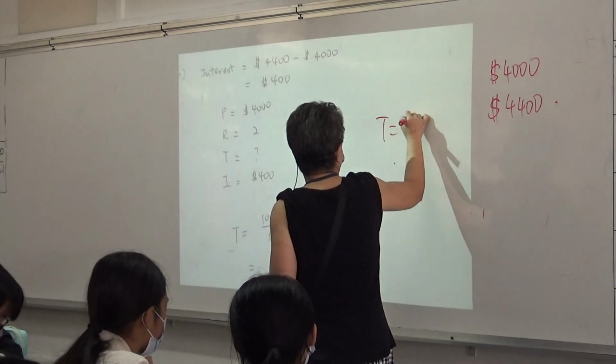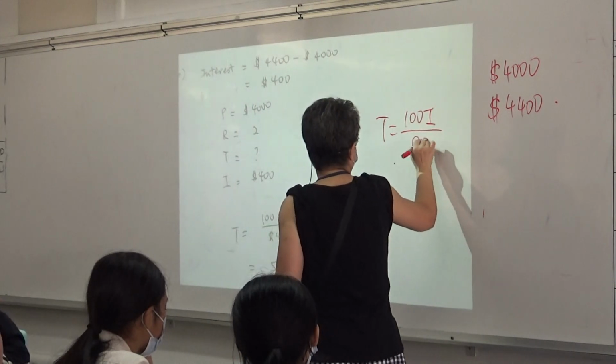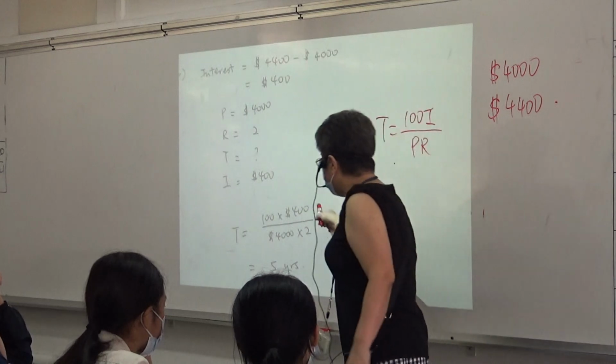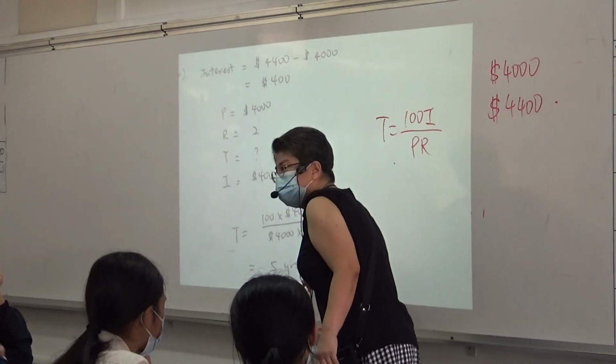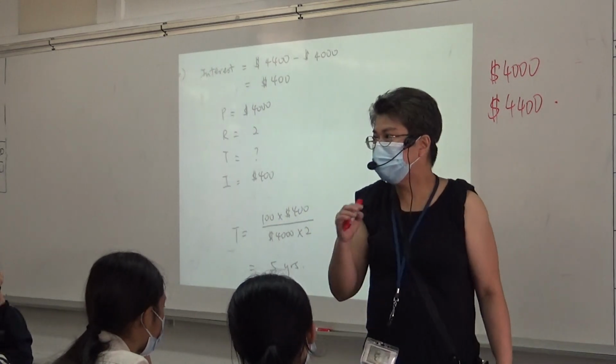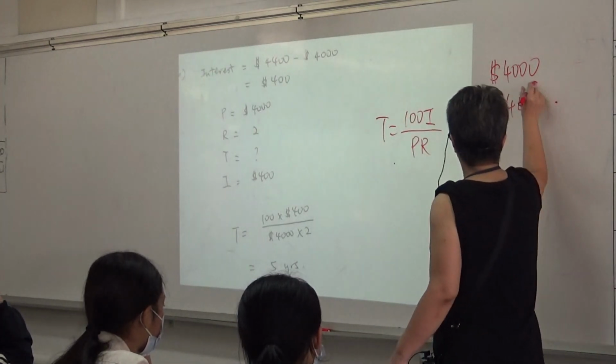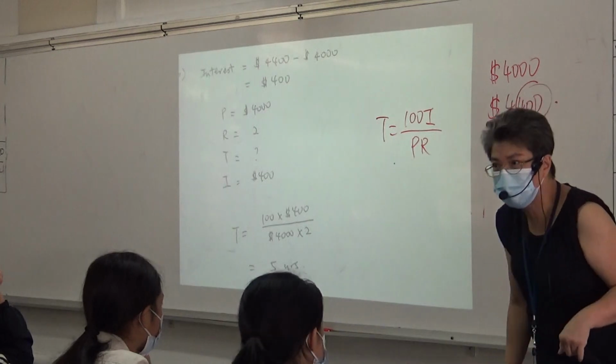Time is 100I over PR. That's what I told you. I substitute in, what do I get? 5 years. So, he has to put in 5 years, then the interest will be $400.